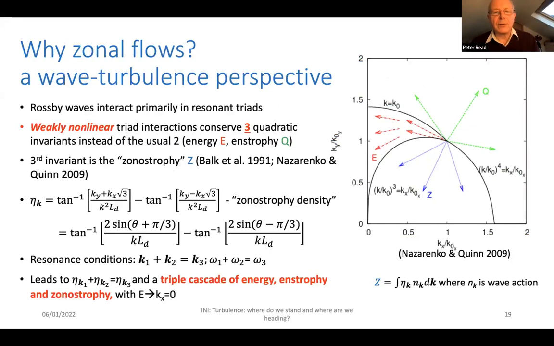then we need to understand the dynamics of interacting Rossby waves, and these interact primarily in the form of resonant triad interactions. And it was shown comparatively recently by Sasha Balk and his colleagues Sergei Nazarenko and Barbara Quinn, that weakly nonlinear triad interactions of Rossby waves in fact end up conserving 3 invariants instead of the usual 2.